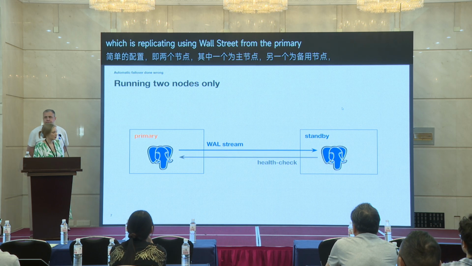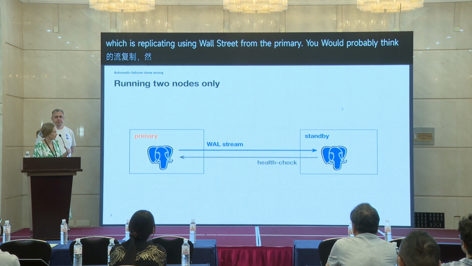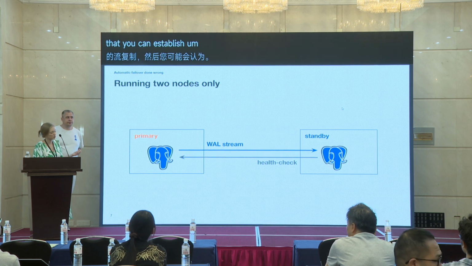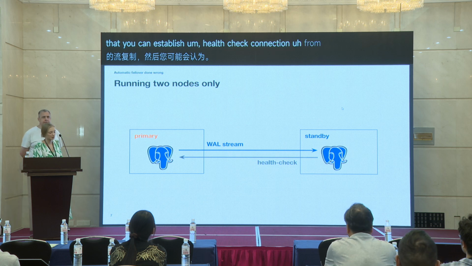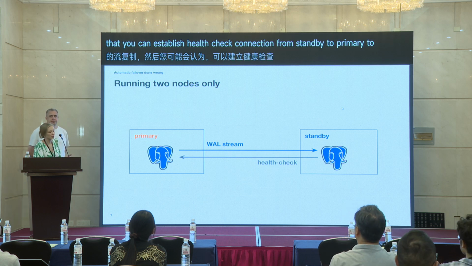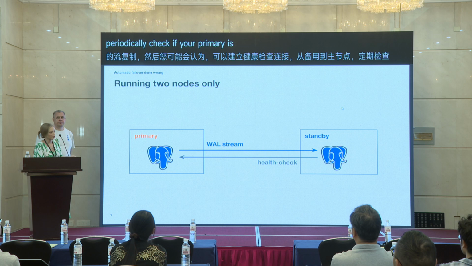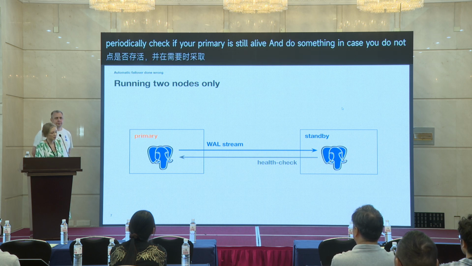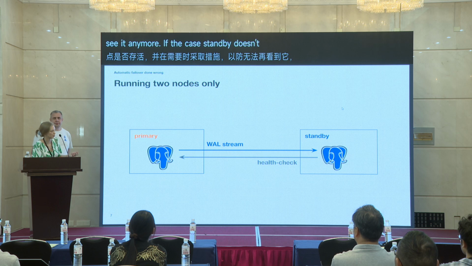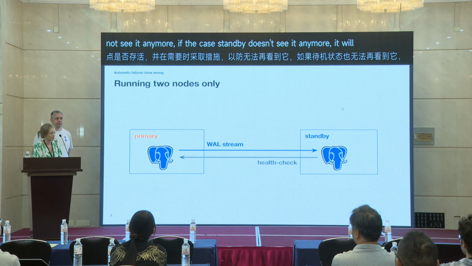Then you would probably think that you can establish a health check connection from the standby to the primary to periodically check if your primary is still alive, and do something if you do not see it anymore. If the standby doesn't see it anymore, it will promote itself. But there is a problem in this scheme.